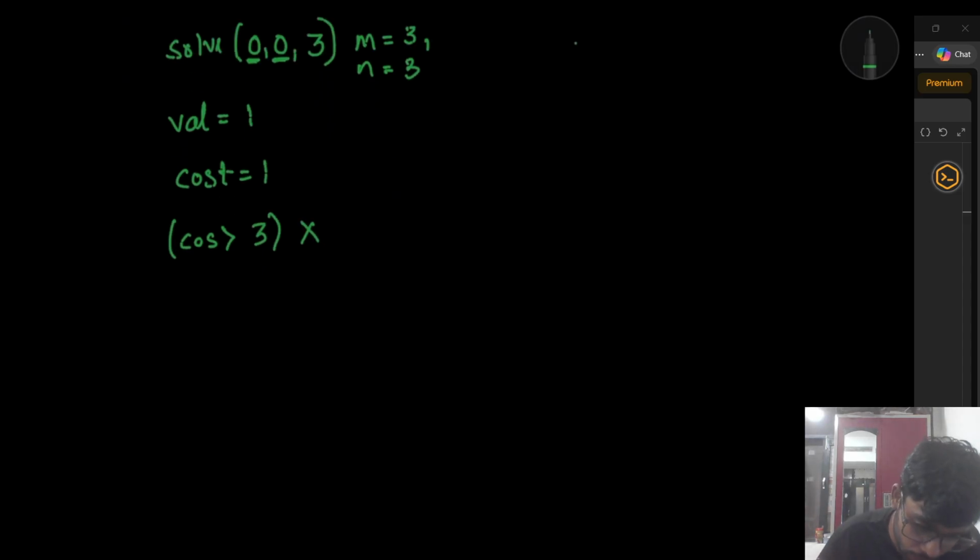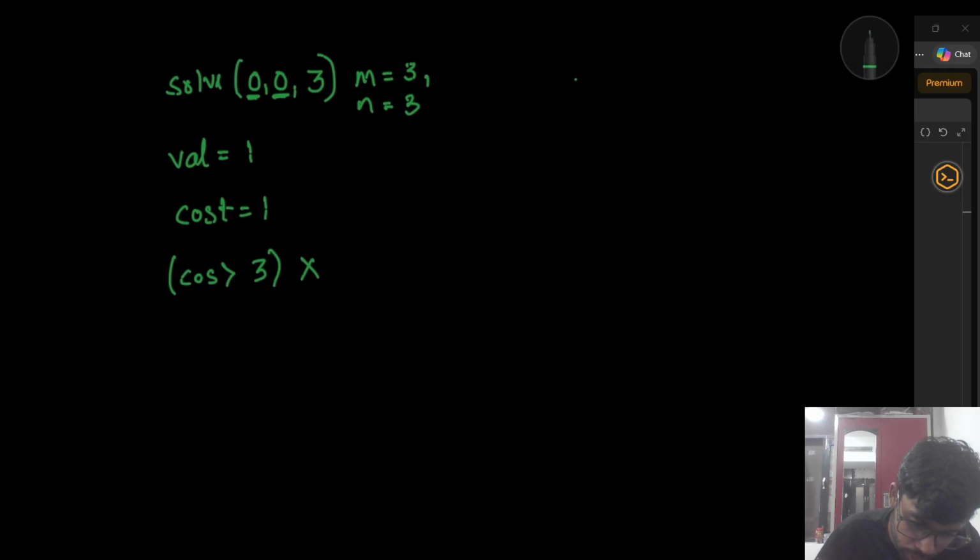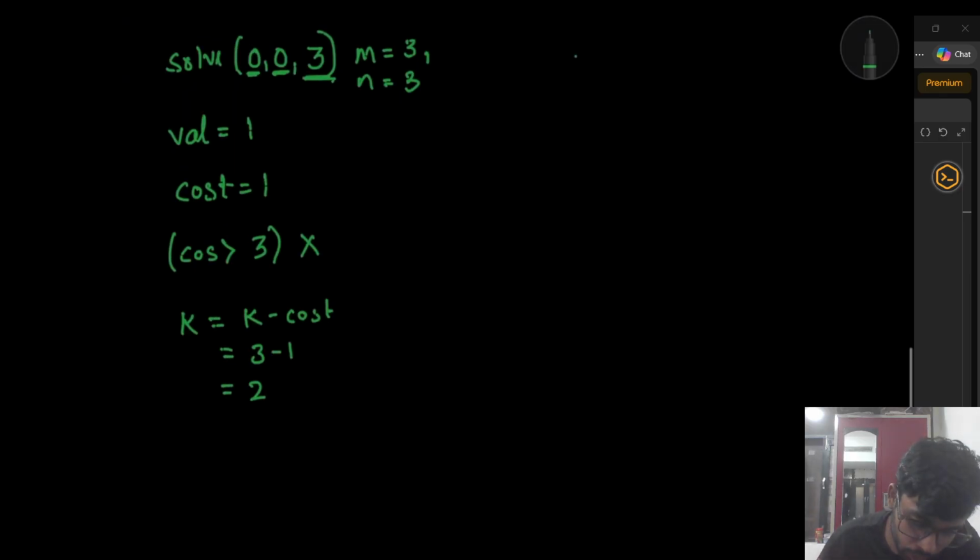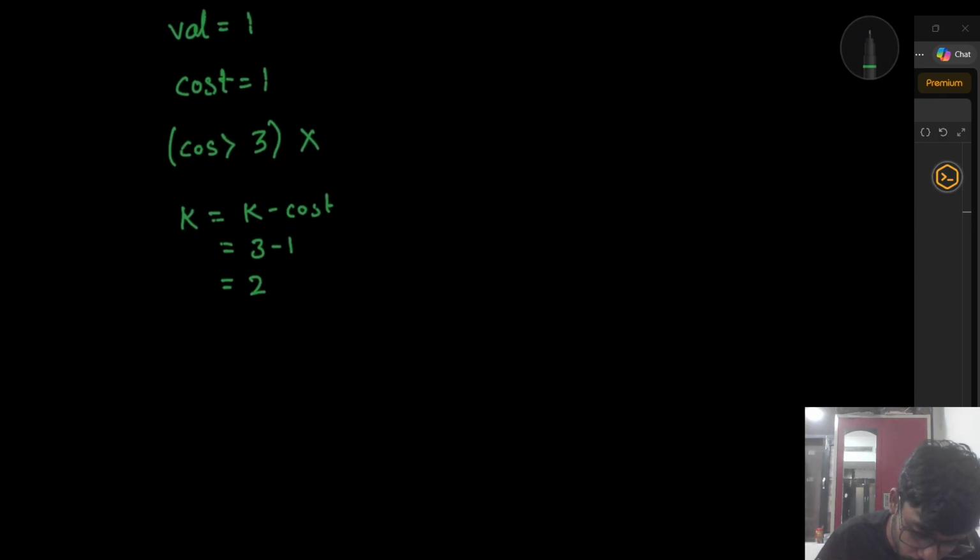Then it will change the value of k. So k is equal to k minus cost, which means 3 minus 1, which makes it 2. Then what will it call?